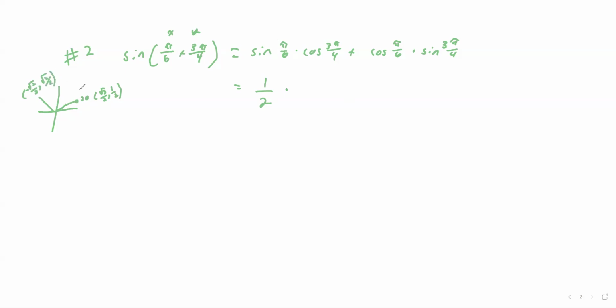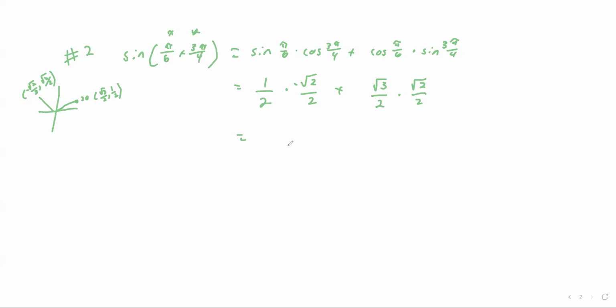So locate where you're at and then write your known fractions for each section. So this will be a negative square root of 2 over 2 plus cosine, which was the square root of 3 over 2, times the square root of 2 over 2, again pulling from our information. Cosine's the x value, sine's the y value.